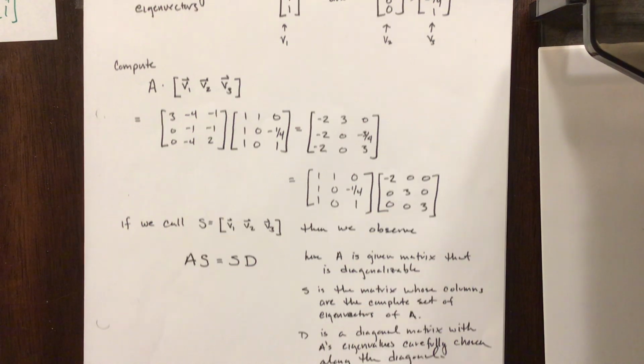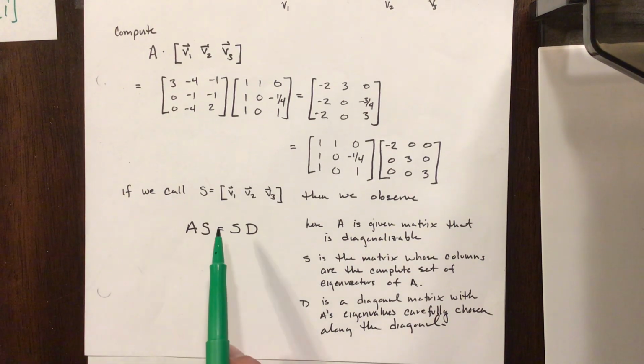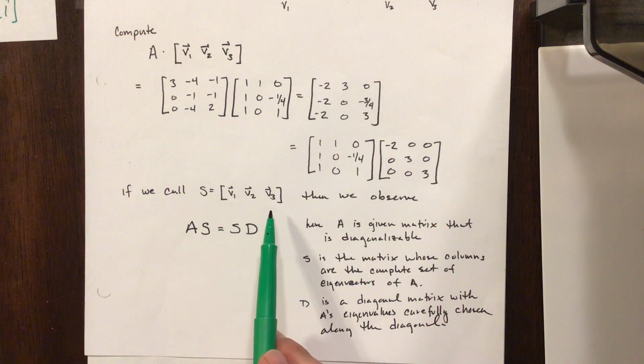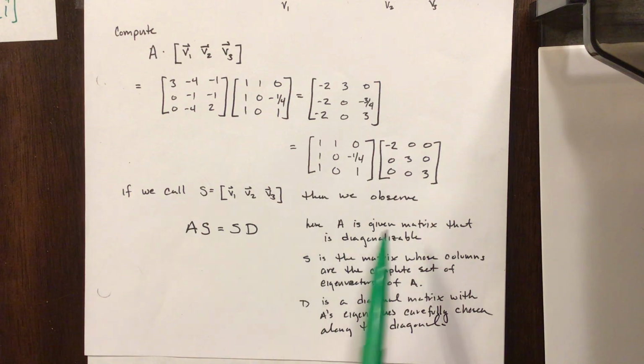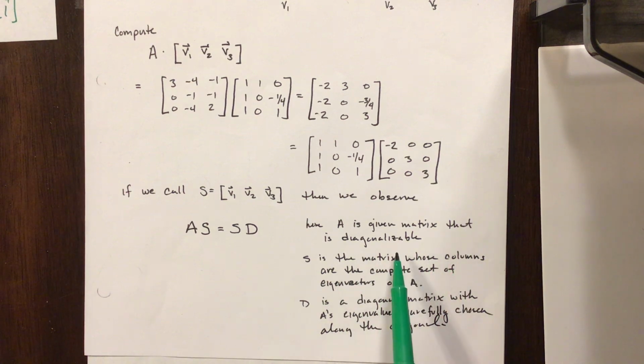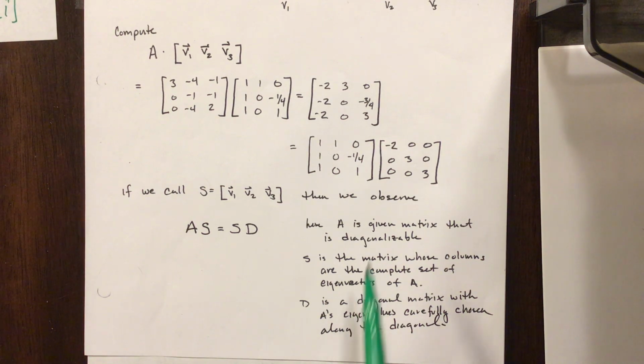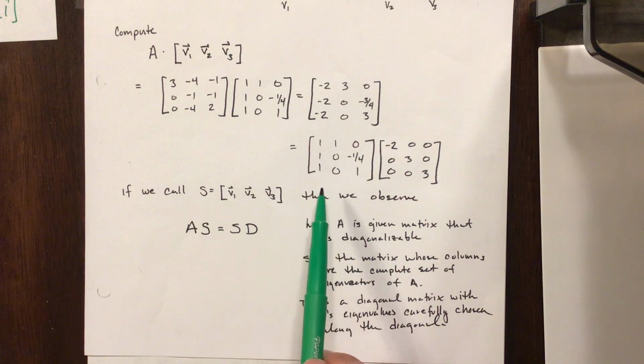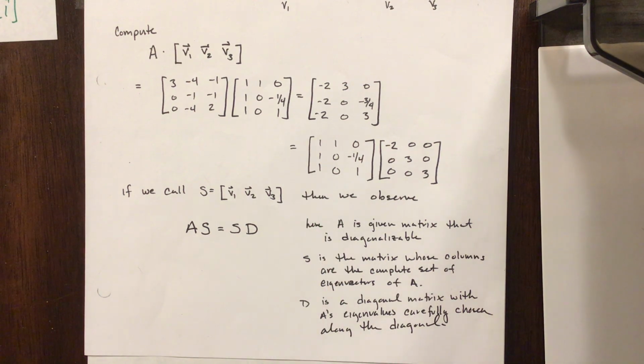To summarize, if we call S vector 1, vector 2, and vector 3, then we observe that AS equals SD, where A is the given diagonalizable matrix, S is the matrix whose columns are the complete set of eigenvectors of A, and D is a diagonal matrix with A's eigenvalues carefully chosen along the diagonal so that they correspond with the corresponding eigenvector.